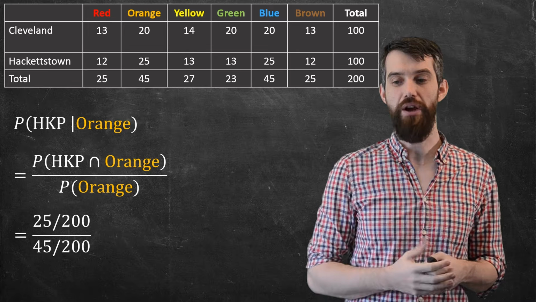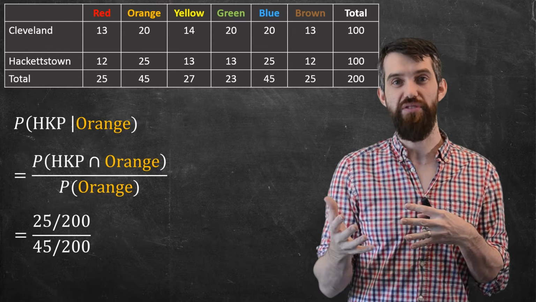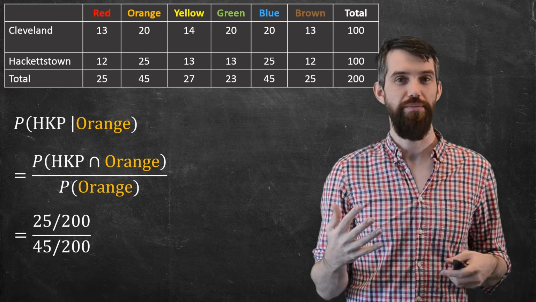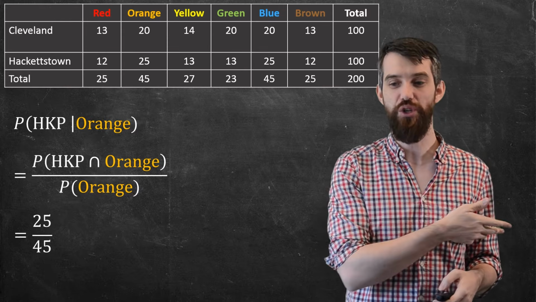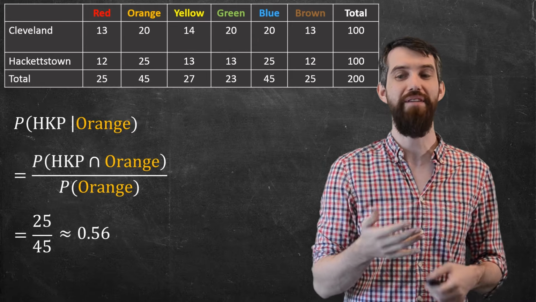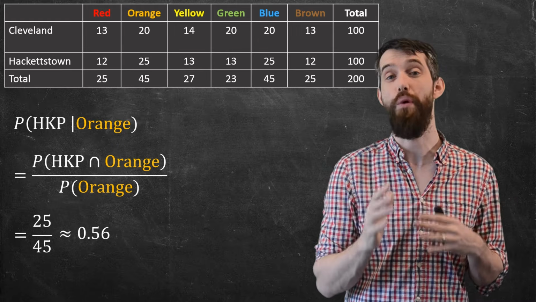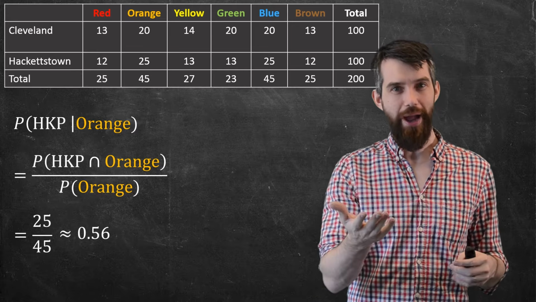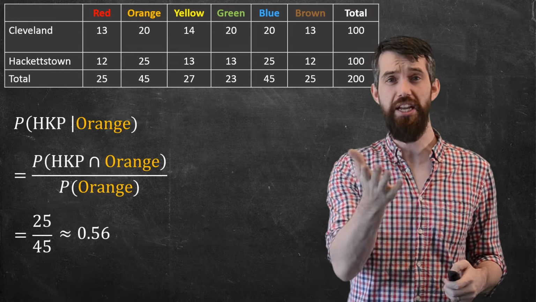So what do we have here? 25 divided by 200 on the top and 45 divided by 200 on the bottom. The 200s, again, they just sort of cancel. We can get rid of them. It's 25 over 45, and that gives me a decimal 0.56, approximately. And then when I think about it this direction, it's a little bit like just choosing a specific column.